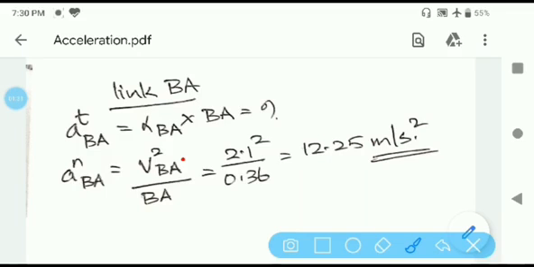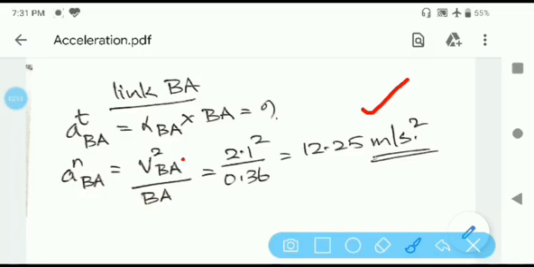That will give you the velocity of B relative to A, and you divide that by the length of the link BA, and we will get the magnitude of the normal component of acceleration of B relative to A as 12.25. Now to represent it in the acceleration diagram, we need to divide this by the scale factor of 5. Okay.